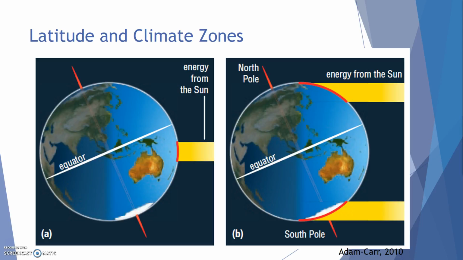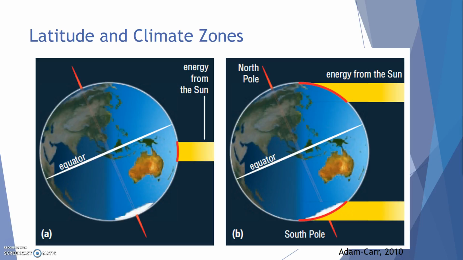If we take a look at figure A there, we can see that the energy from the sun is most intense near the equator, because those areas are hit directly by the sun. We can see that almost all of the energy from the sun is hitting the same spot. It's not exactly around the equator. Some parts will be above, some parts will be a little bit below.